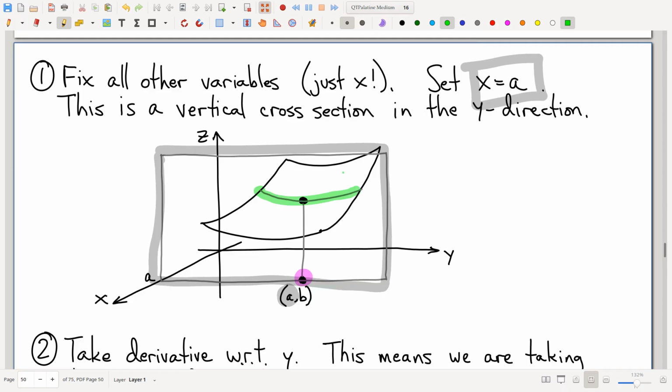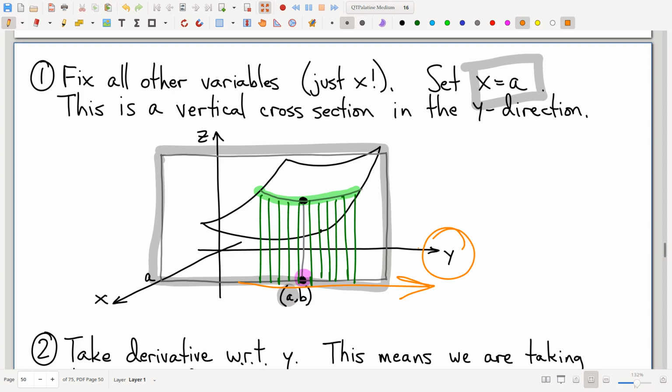So the next observation I'll make is that we need to interpret how this relates to a new single variable function. We are looking at height. That cross-section is giving me height as a function of how far I am along in that direction, namely y.